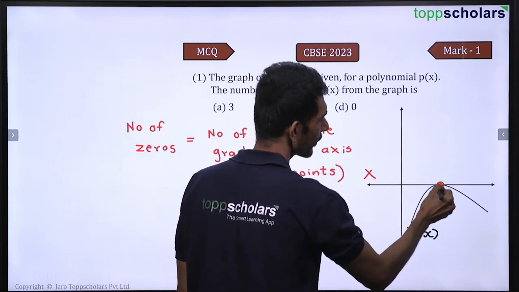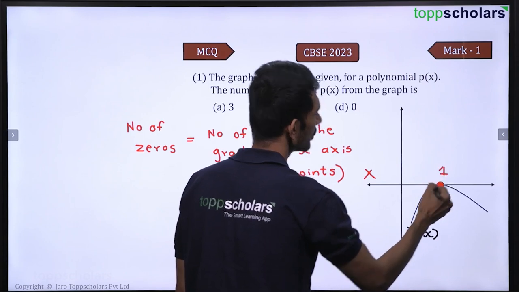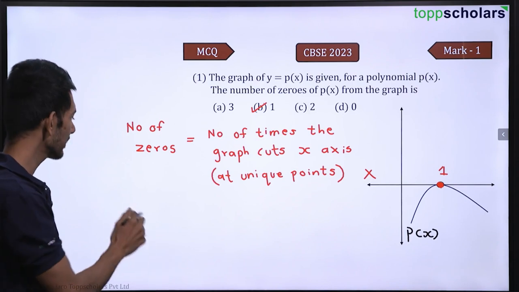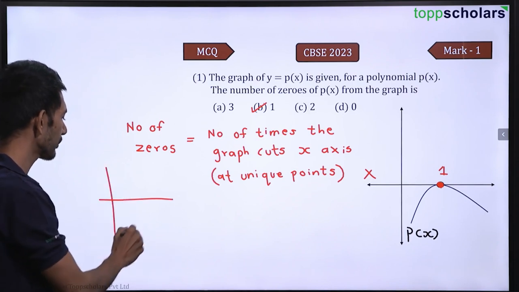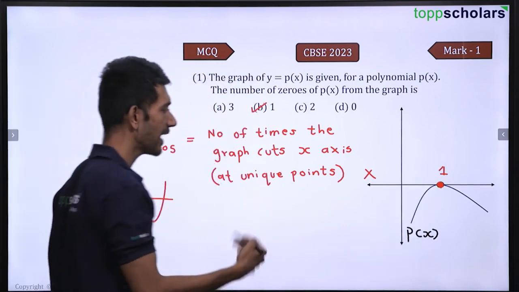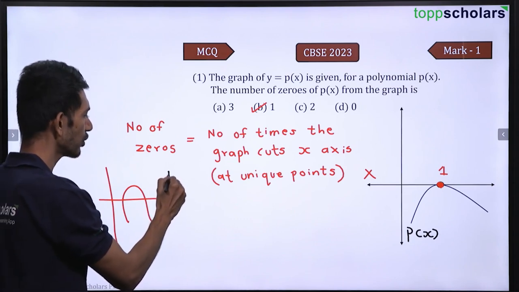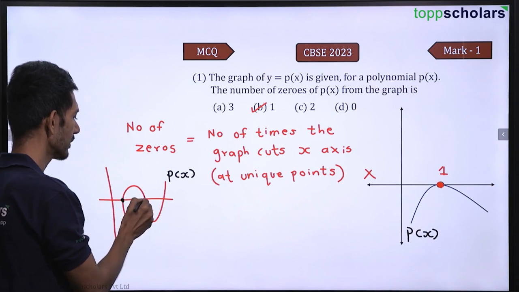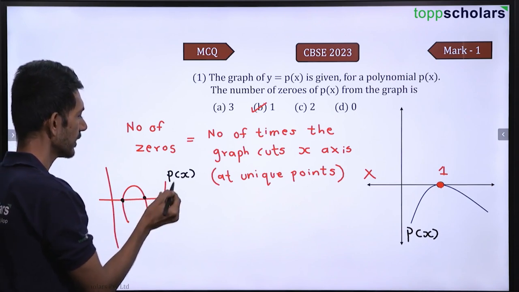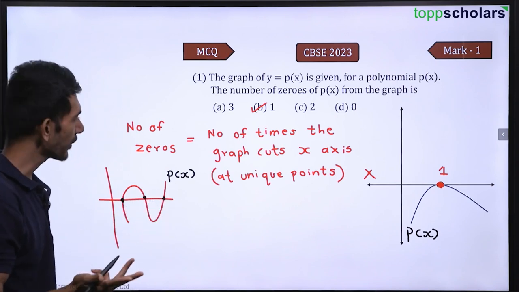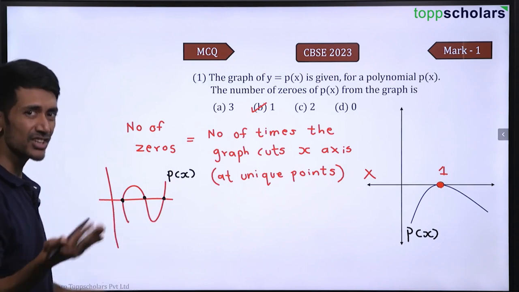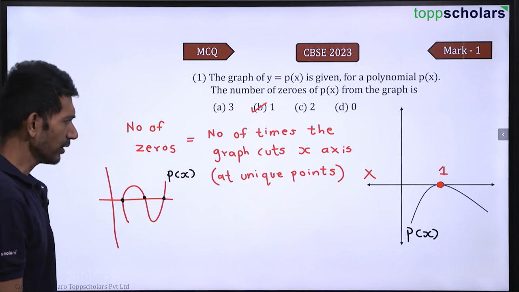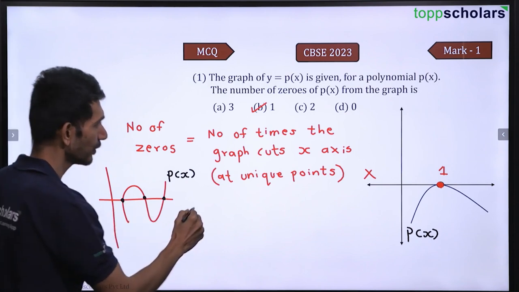It is only 1 point. So the number of zeros is 1. That's it. 1 is the answer. Nothing much in it. So I'll give you one more example. Suppose if the graph is like this, and if they ask you same question that p of x is a polynomial, then you can clearly say that 1, 2, 3. The graph cuts the x-axis in 3 distinct points. Therefore, it has 3 zeros.